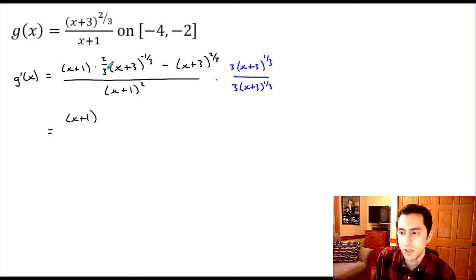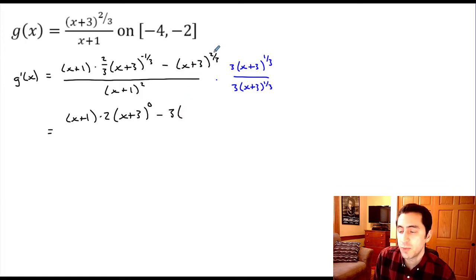Distributing, the 3's will cancel out, so I still have the 2. And now multiplying (x + 3)^(-1/3) and (x + 3)^(1/3), I will end up with (x + 3)^0, which will just simplify to 1. And then I'm going to subtract. Here I will have a 3.